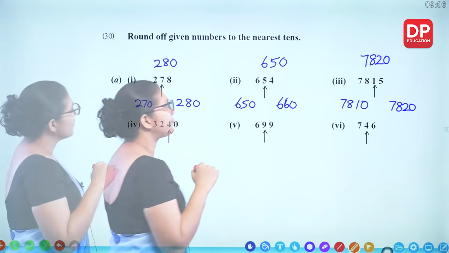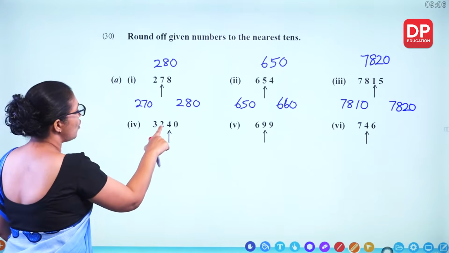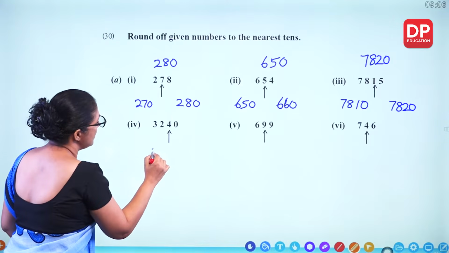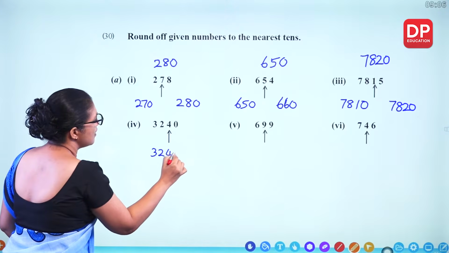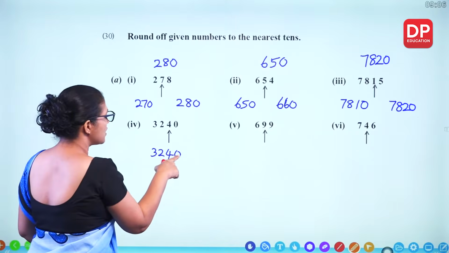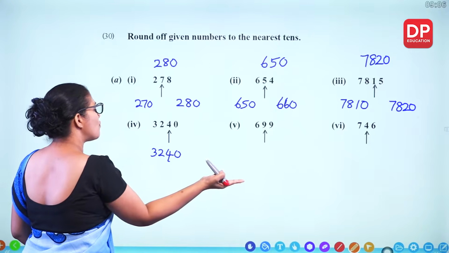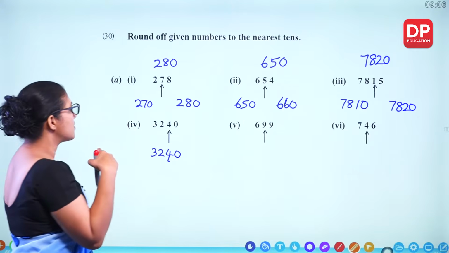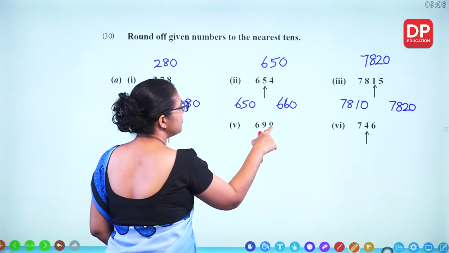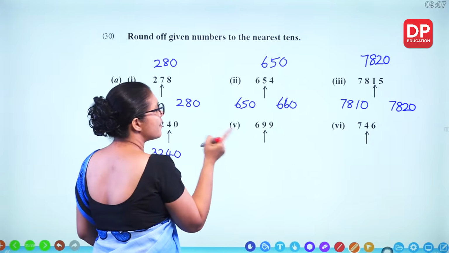7,820. This one, 40. So 40 is already rounded to the nearest tens. 50 is too far away. So the answer is 3,240. 99, you can get 100.